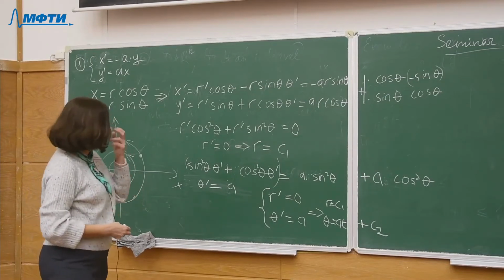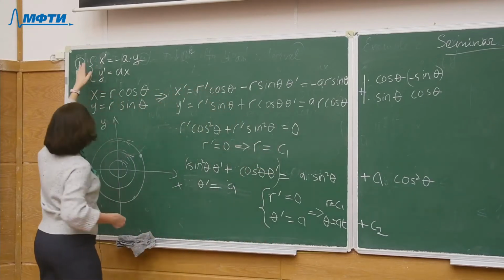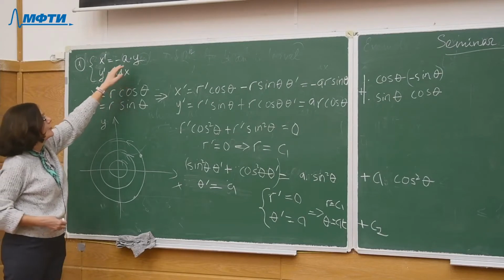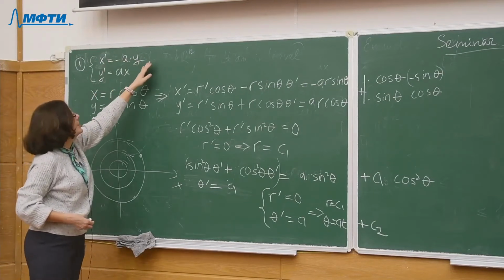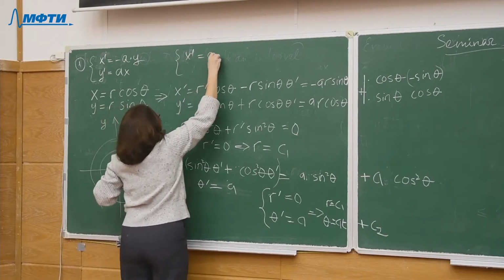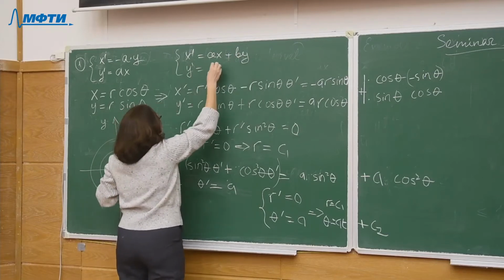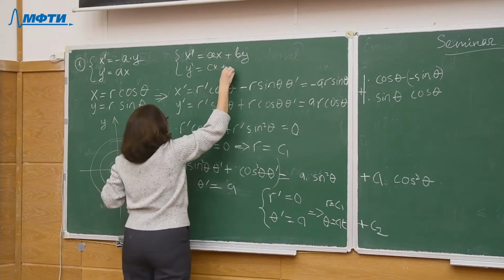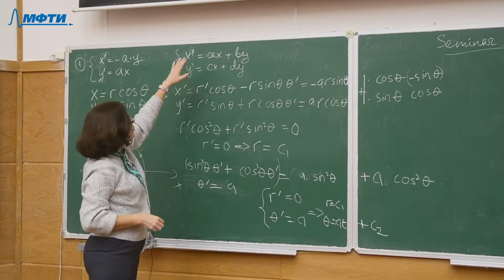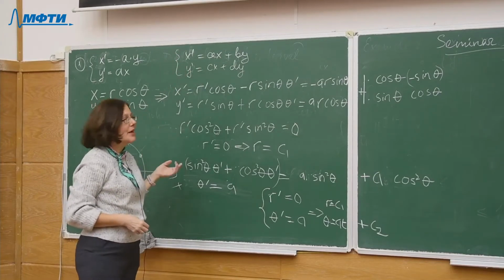And so in what follows, we will study how to solve these systems of linear equations for arbitrary a, b. So it will look like x prime equals a x plus b y, y prime equals c x plus d y. We will study the algorithm for solving this linear system.